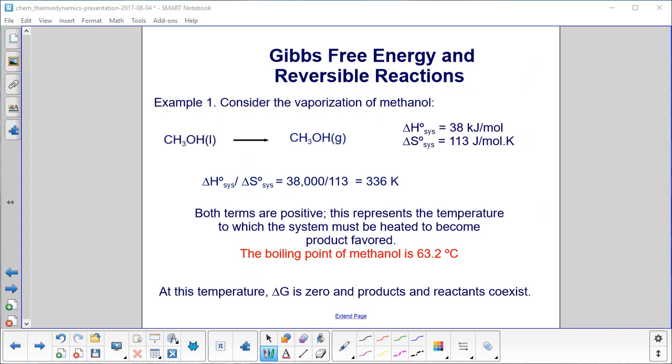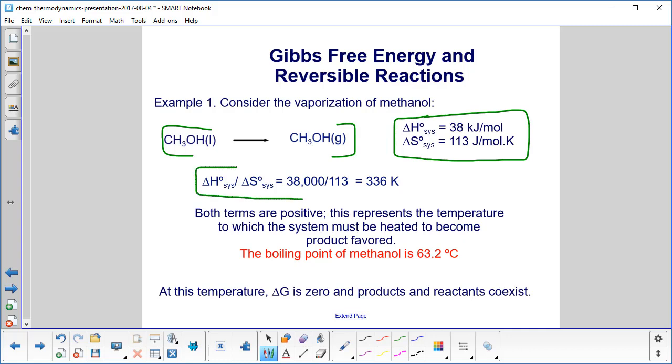Let's take an example, the vaporization of methanol. Here we have methanol as a liquid going to a gas. Here's a little table of delta H naught and delta S naught. We find the point at which it goes from product or reactant favored by this ratio here, and we come up with 336 Kelvin, which is 63.2 degrees Celsius.